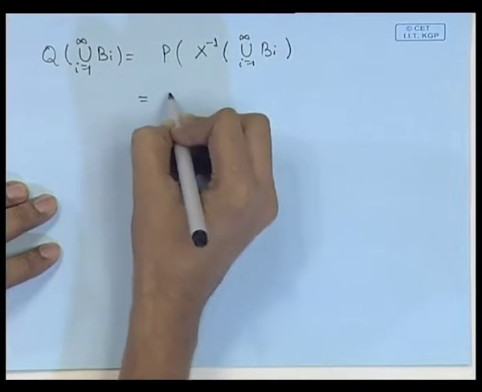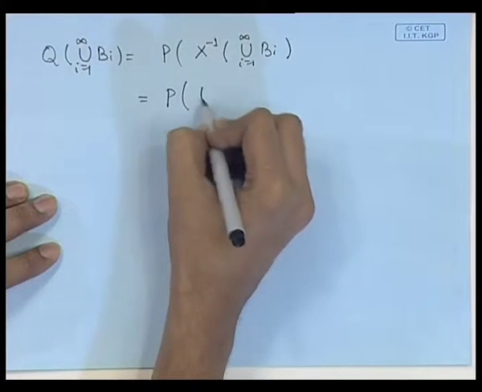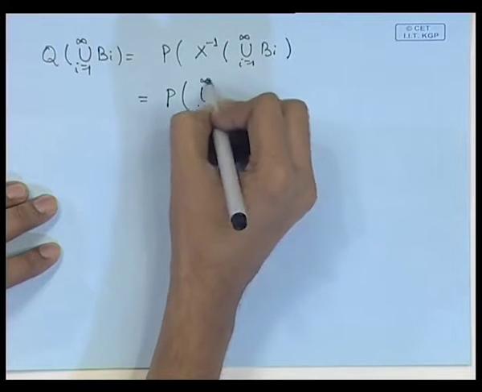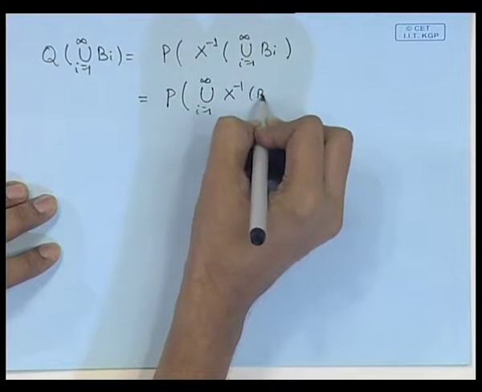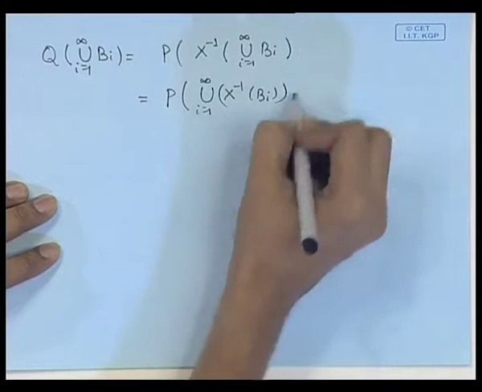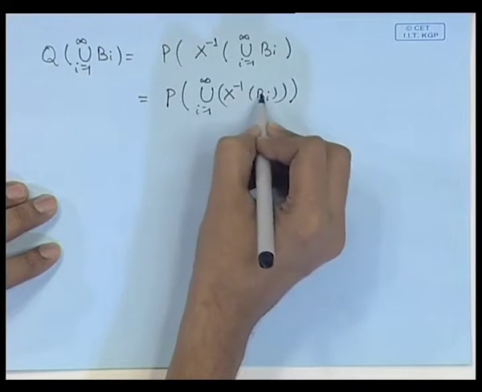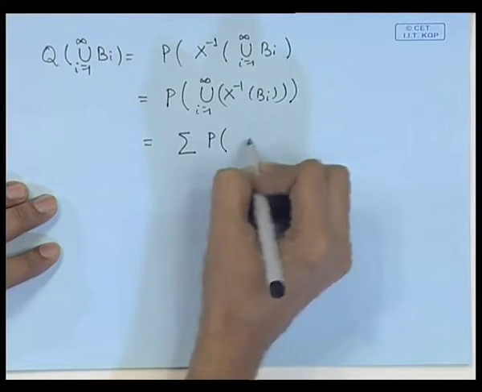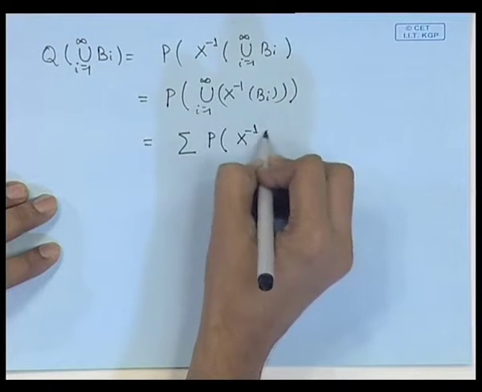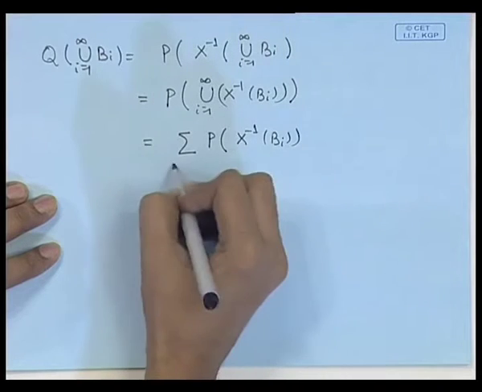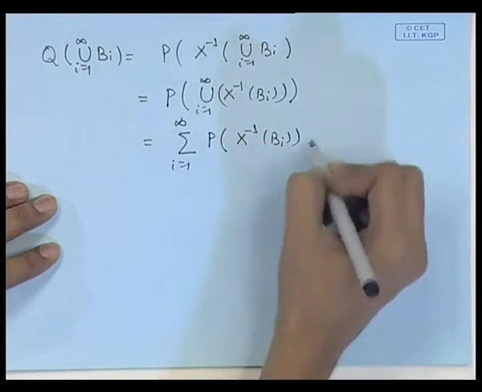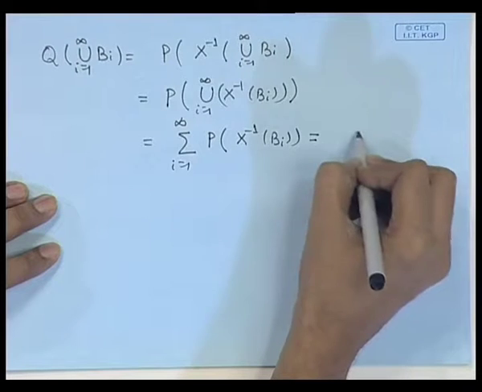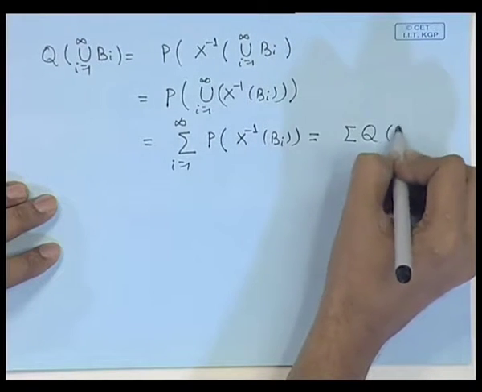By the definition of inverse, if B_i's are disjoint, then X inverse B_i's are disjoint, and therefore, by applying the countable additivity axiom, this is exactly equal to the sum of Q(B_i).